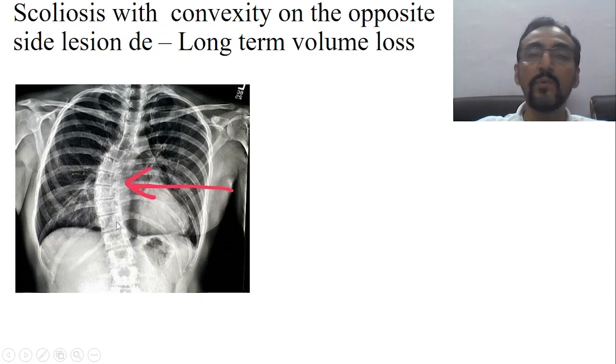Okay, here scoliosis has happened. The vertebral column is not straight and it is deviated to the sides.